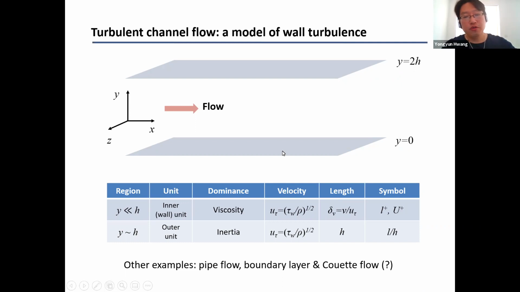Of course, if you move much farther from the wall, then your flow will be dominated by the inertial effect. In that case, the obvious length scale is the half height of the channel, H. In this regime I'm going to stick with the velocity scale u_tau, which still originates from the friction.